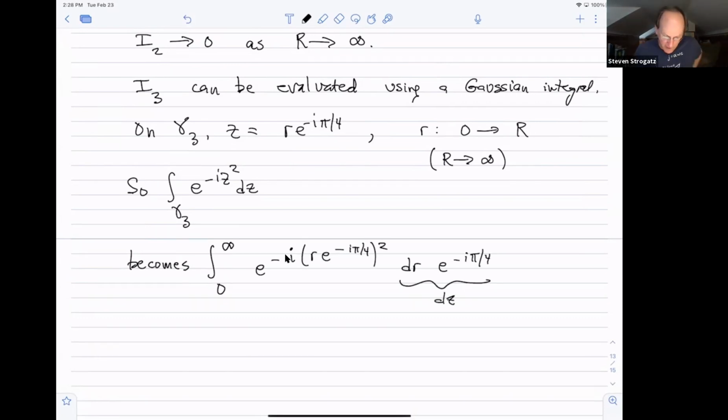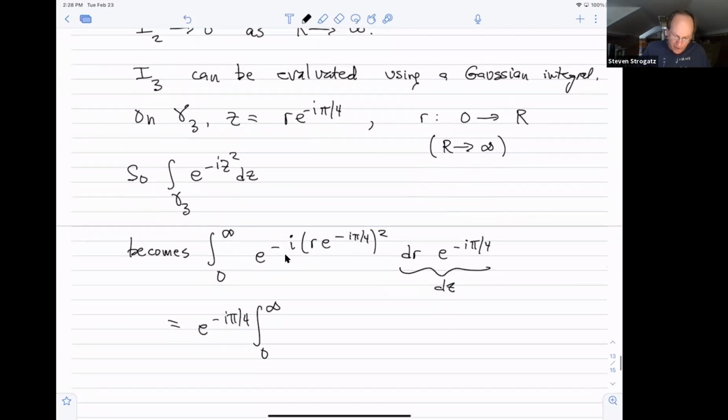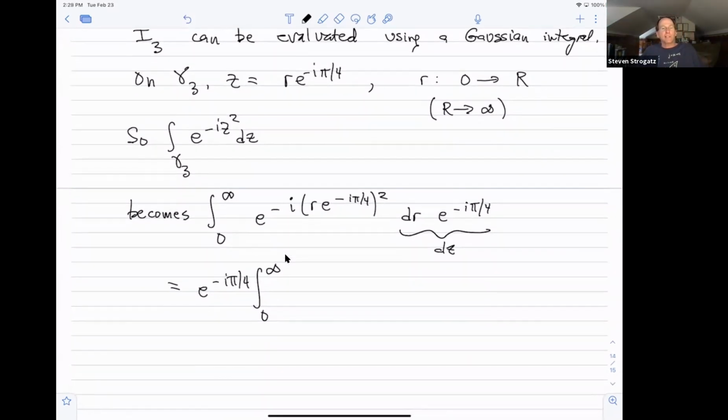All right, that's my dz. And then you have to clean that up a little bit. So factor that out, e to the minus i pi over 4 times the integral from 0 to infinity. And what's so cunning about this is that when I square that e to the minus i pi over 4 up in the exponent, watch what happens.